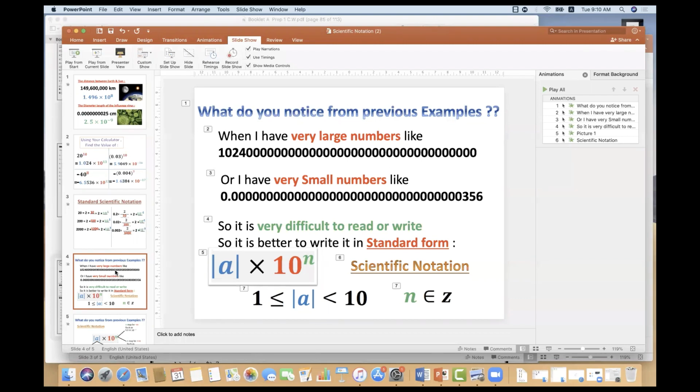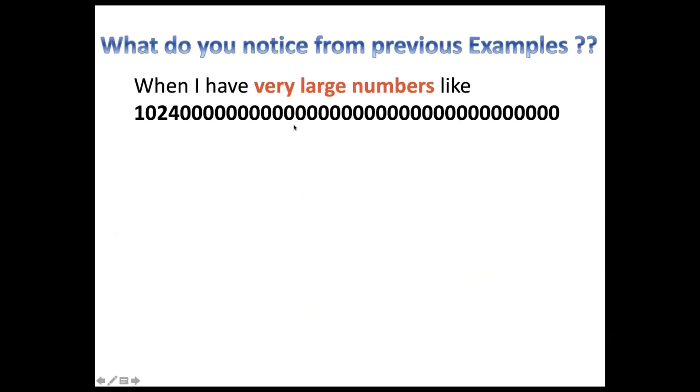So if you want to do that, you have to change the number into the standard notation or standard scientific notation form. How can we do that?